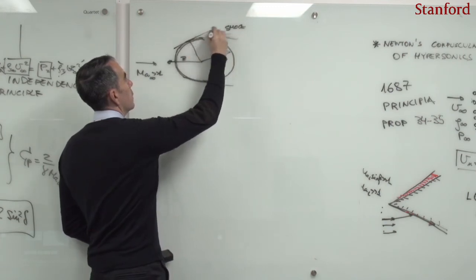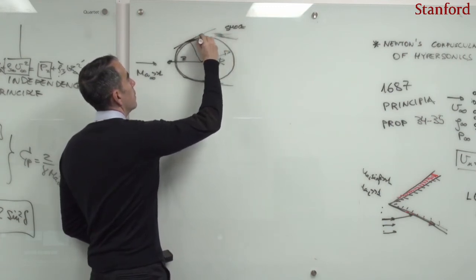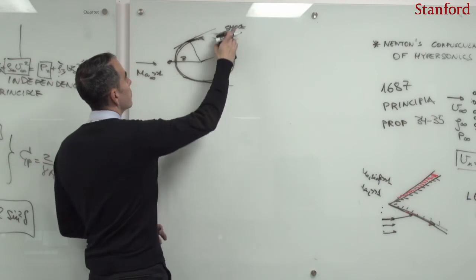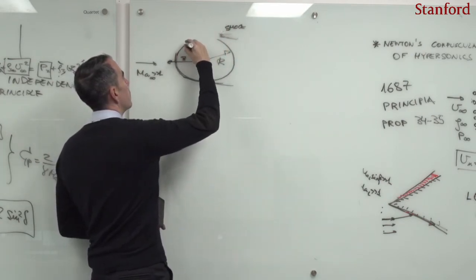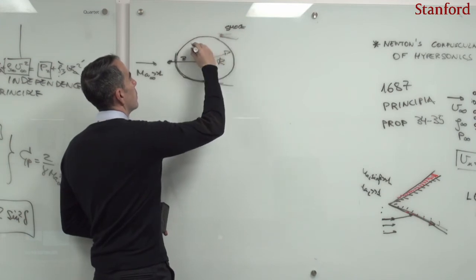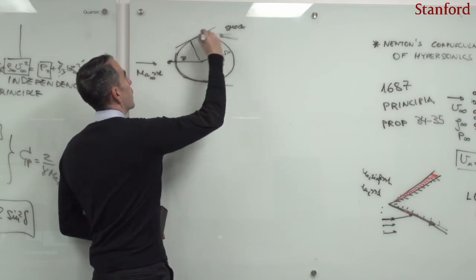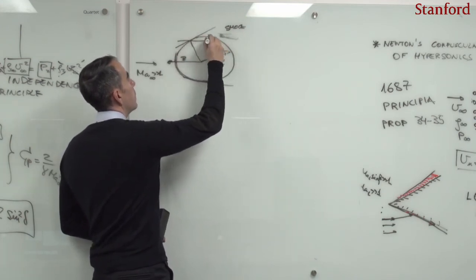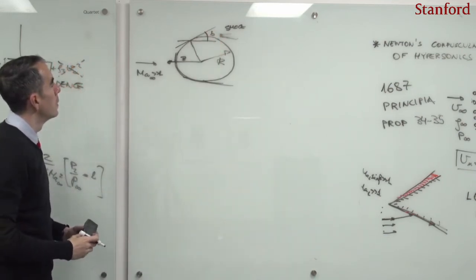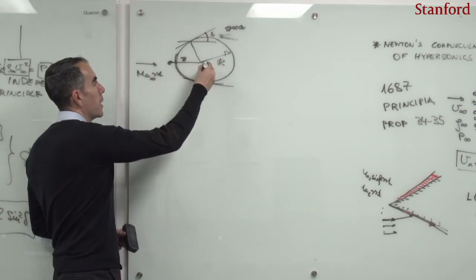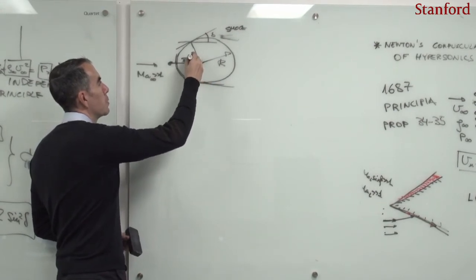Let's draw this thing correctly. I'm going to have an inclination angle delta, and I'm going to have another angle here that I'm going to be using for operating, which is going to be theta.